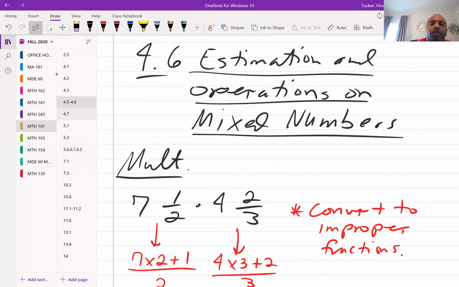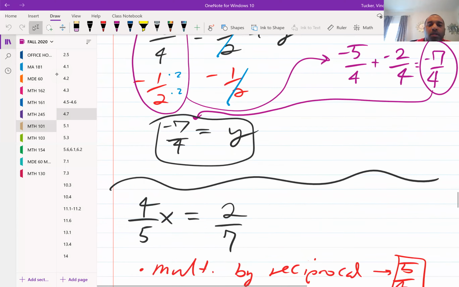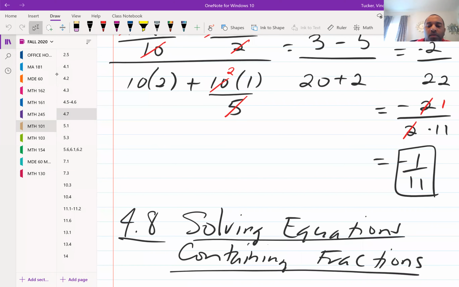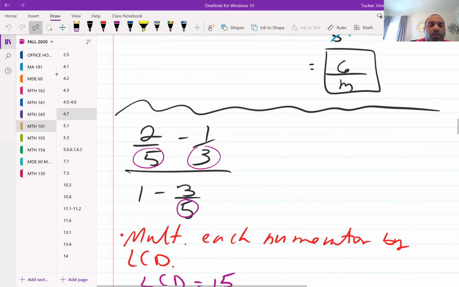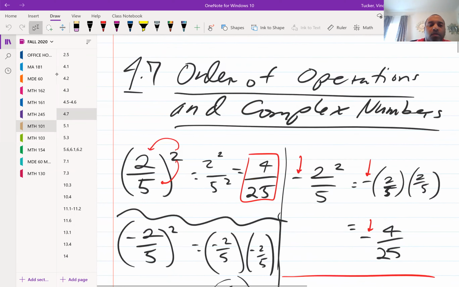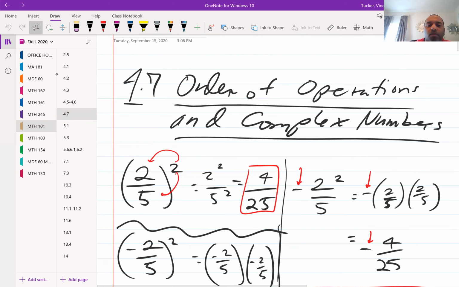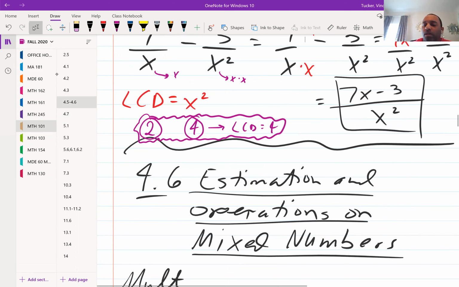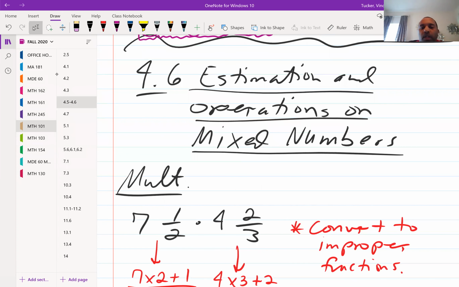Let's see what's 4.7. I guess we can go ahead and keep going. Okay, so we'll probably stop somewhere in between. Probably won't finish 4.6. At least we get started.